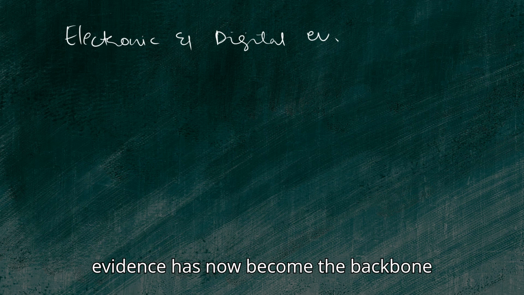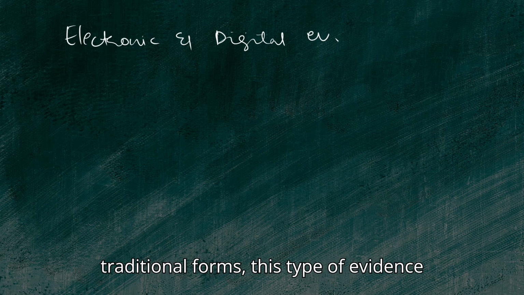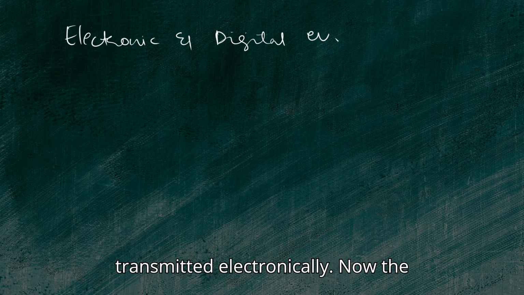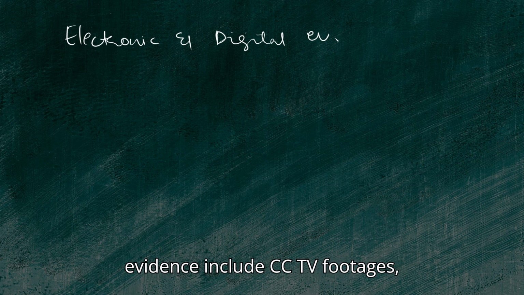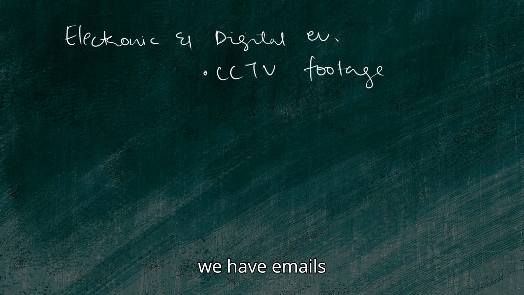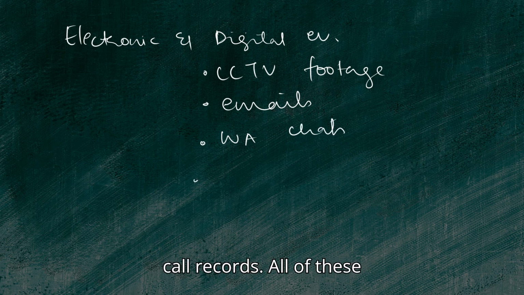With technology becoming a part of our everyday lives, digital evidence has now become the backbone of modern investigations. Unlike the traditional forms, this type of evidence is generated, stored, or transmitted electronically. Examples of electronic and digital evidence include CCTV footage, emails or WhatsApp chats, call records.